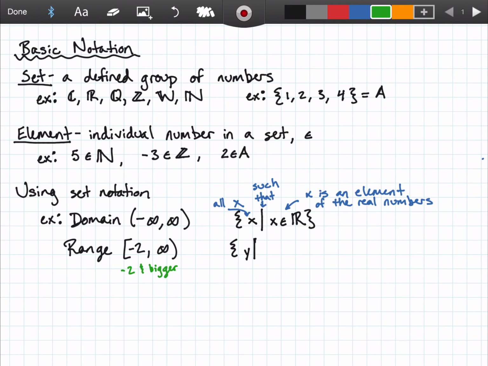And so I'm just going to say that y is greater than or equal to -2. That or equal to I put there because of the bracket on the range right there. And so both of those things you could see for using set notation going forward in your future.